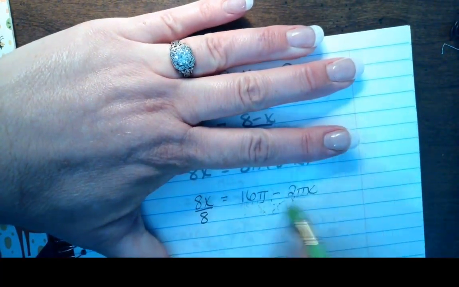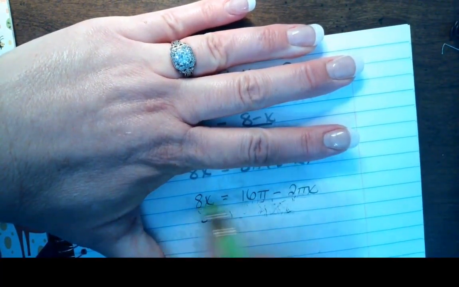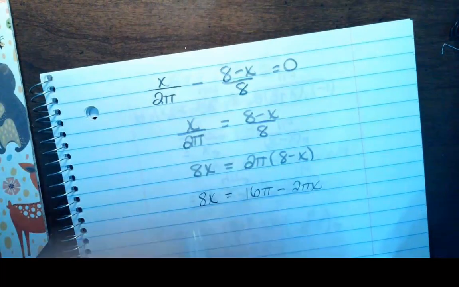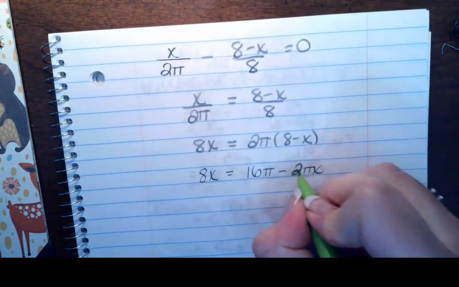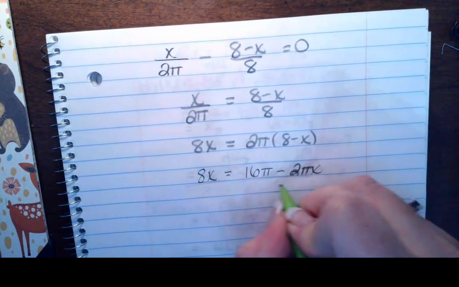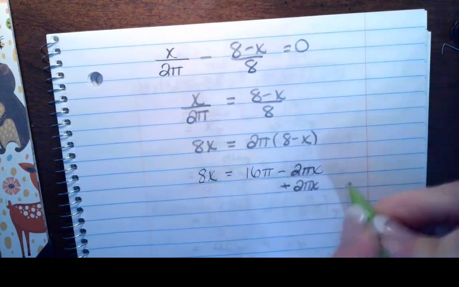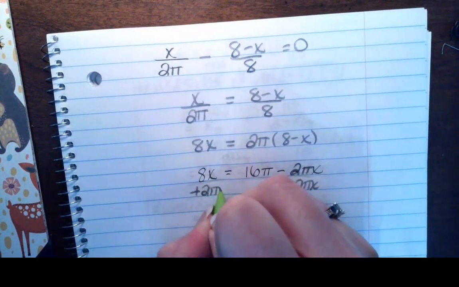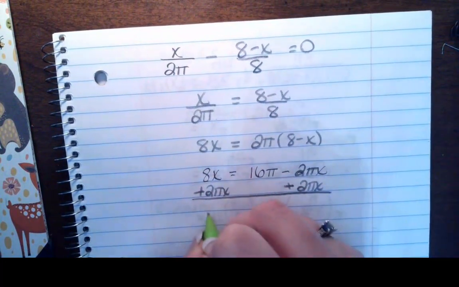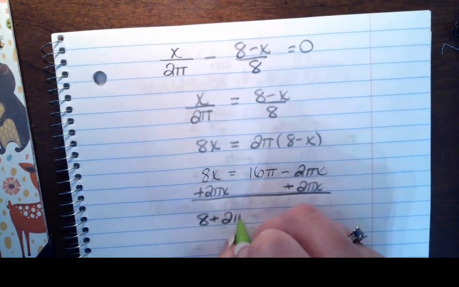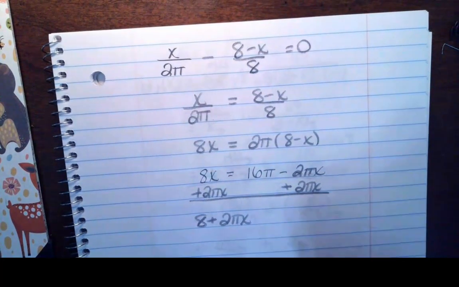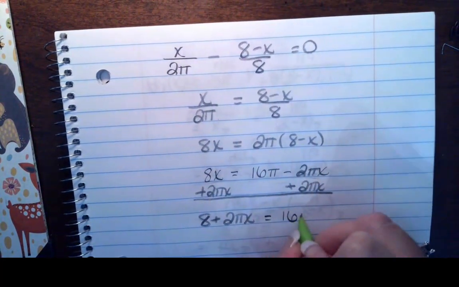Let's not do that. Since I've got x's on both sides, I'm going to add 2 pi x. So I'm going to add 2 pi x here and add 2 pi x here, which gives me 8x plus 2 pi x equals 16 pi.